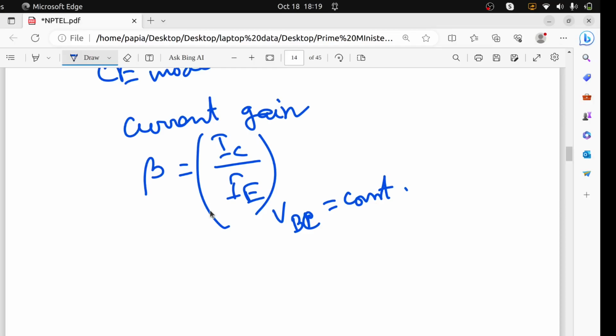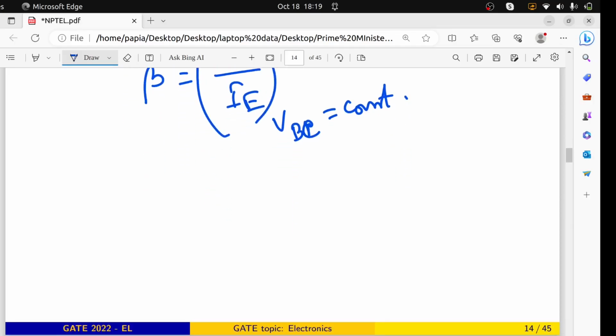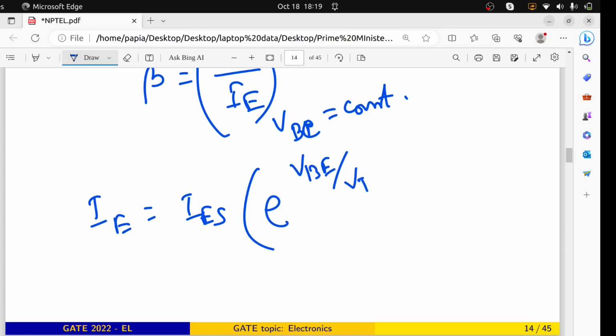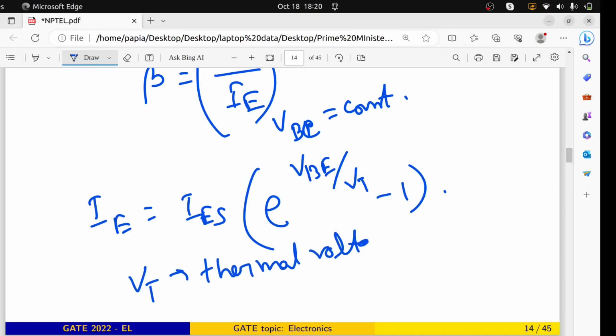It's a very simple expression that we can write IE as IES, the emitter saturation current, into e to the power VBE divided by VT, minus 1. What is VT? VT is thermal voltage.